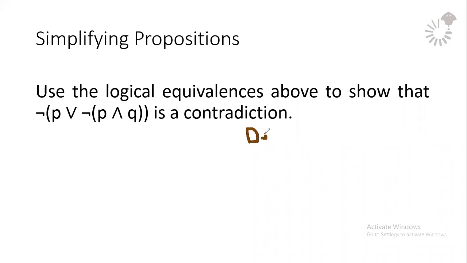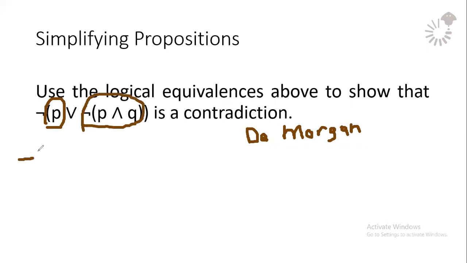How do we apply De Morgan's here? What is the rule of De Morgan's? Distribute the negative, then reverse the operation. So this is the first statement, and this is the second statement. Let's distribute. This will be negative P. Inverse the operation.